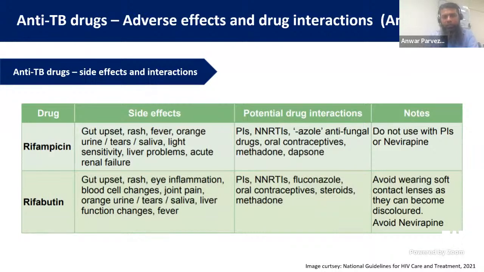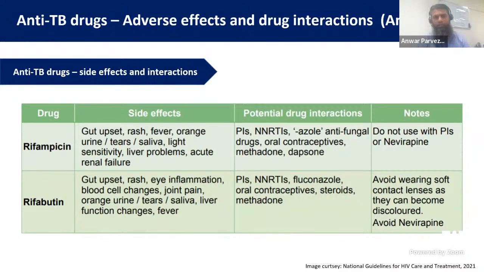As a result, there won't be enough therapeutic levels of these drugs in the blood, and that's how patients fail the treatment. That is why in patients who are on rifampicin-based anti-TB treatment, we don't give protease inhibitors or nevirapine. We can give efavirenz because it is not affected to the same level.